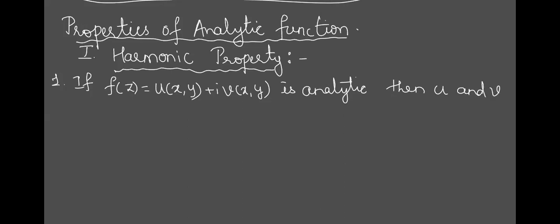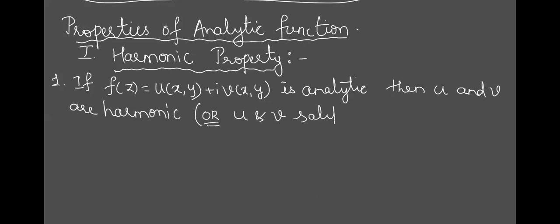Here the property says that if the function is analytic, then u and v are harmonic. This is the property they'll ask you to prove. Or they may ask the same thing in one more way, that u and v satisfy the Laplace equation.